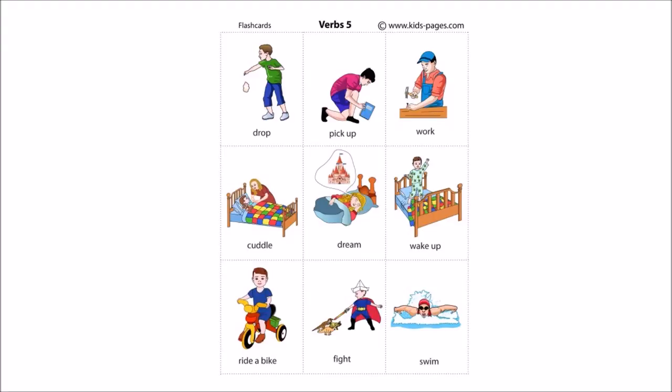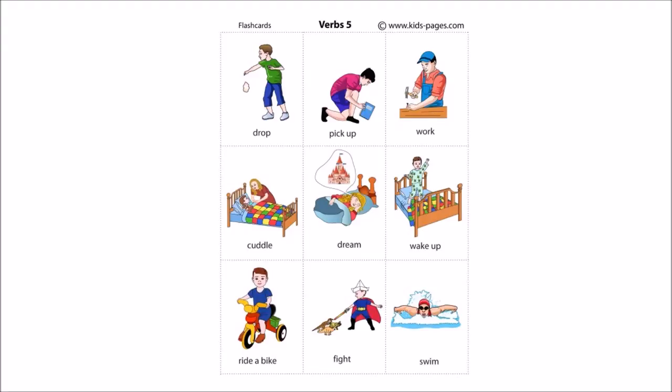The next is ride. Ride a bike. You can ride a bicycle, a motorbike, but here it is ride a bike. Repeat after me. Ride a bike. The next one is fight. Fight. So the boy is fighting with, I think, monsters. Fight. Pelear. Swim.